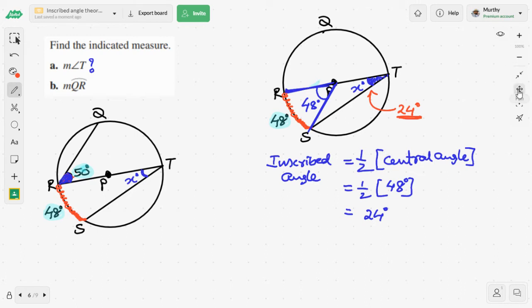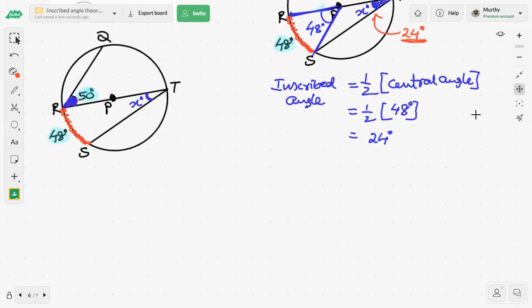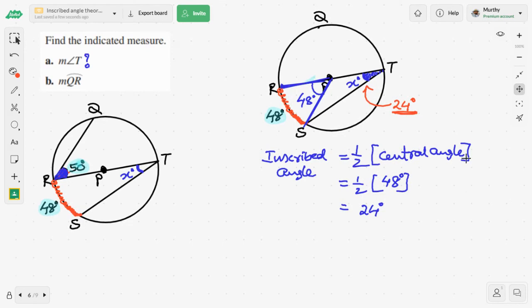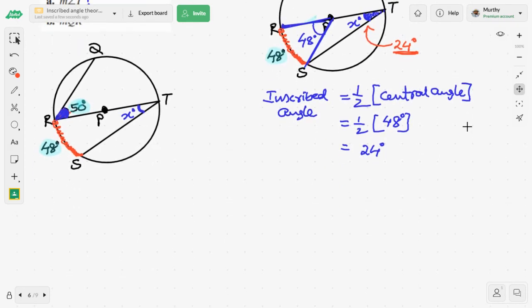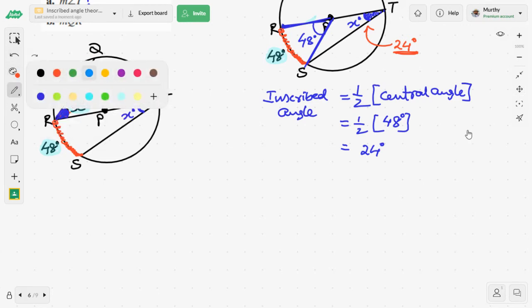Now, let me move my screen a little down. This time you are asked to find the measure of arc QR, which means, let me use a different color, maybe green. So you are asked to measure this one, the length of arc.